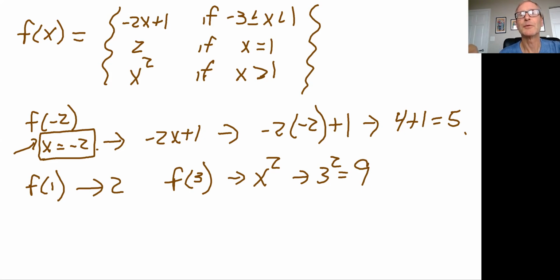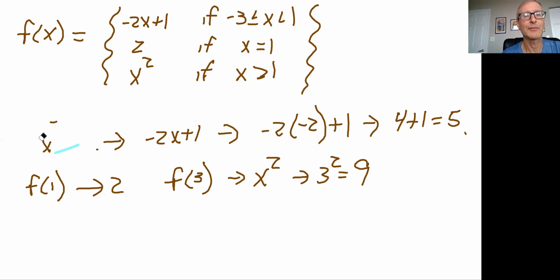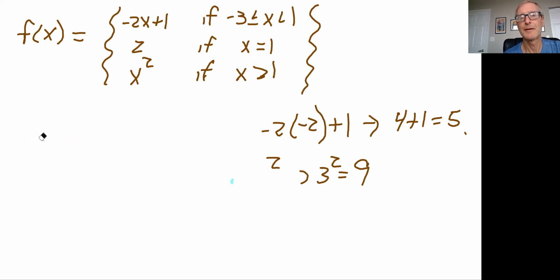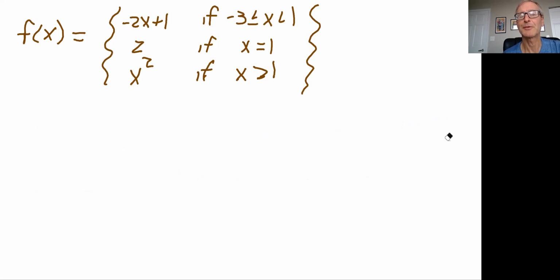So if you take a look at a question, say, what is the domain of this function? The range is harder. It's much better to graph it first and then look at it that way, but the domain you could still figure out without graphing.